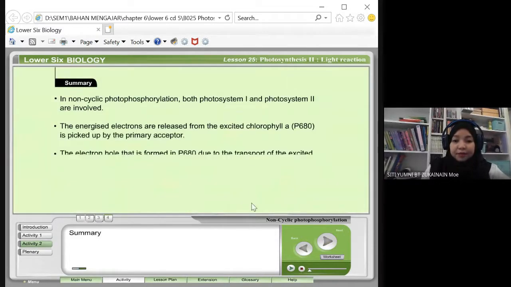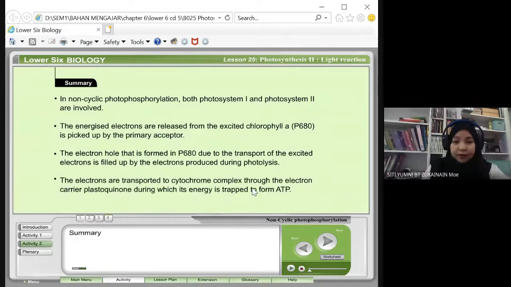Okay, so I already covered cyclic photophosphorylation involving photosystem 1, and non-cyclic photophosphorylation that includes both photosystem 1 and photosystem 2. Then energized electrons are released from the excited chlorophyll a of photosystem 2, P680, and picked up by the primary acceptor.